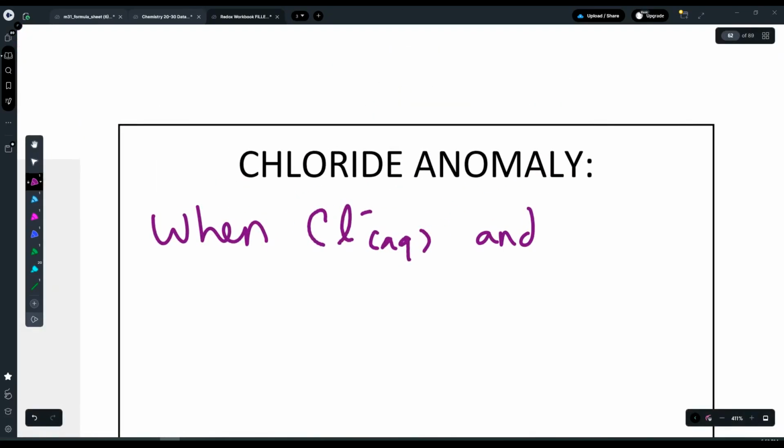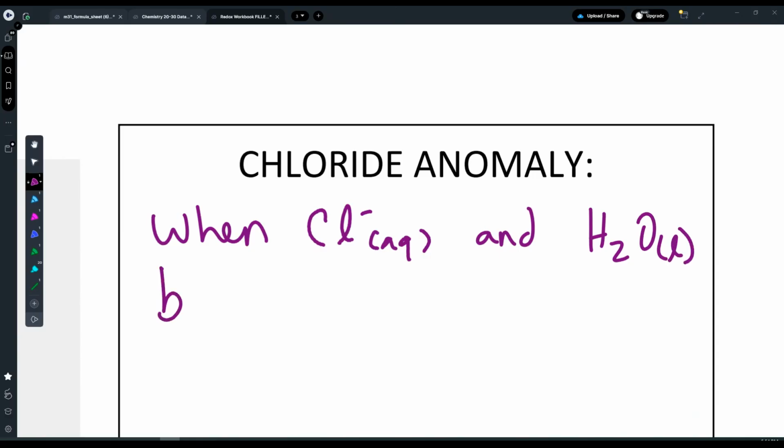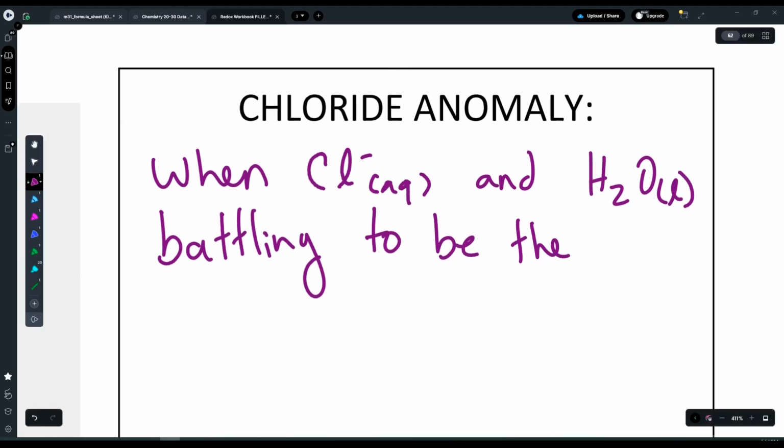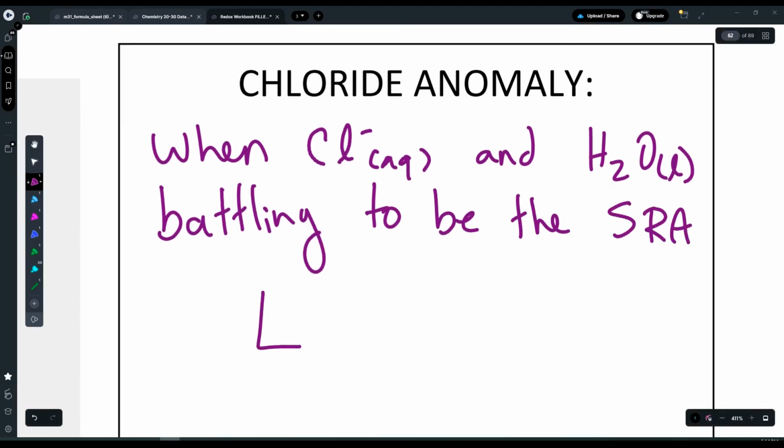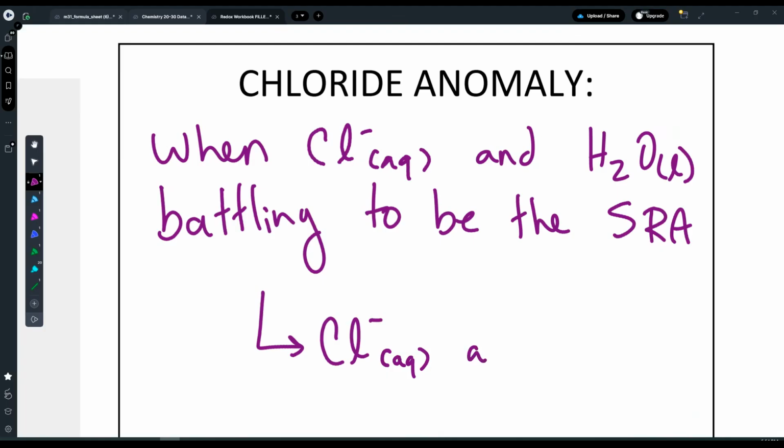So the chloride anomaly is when you have chloride ions and water battling to be the SRA. The chloride ions always win.